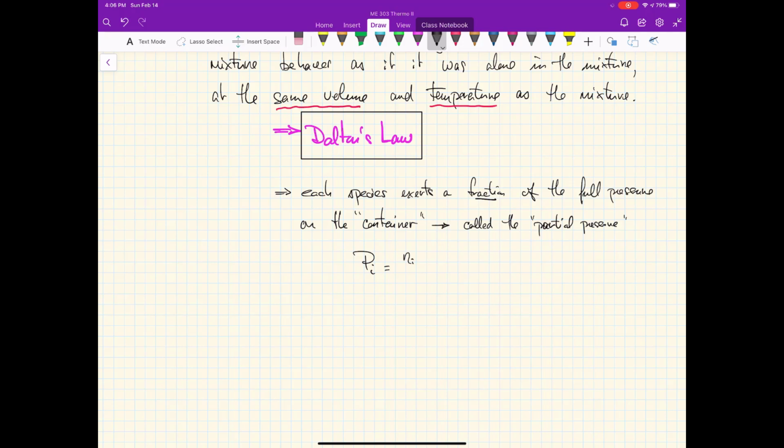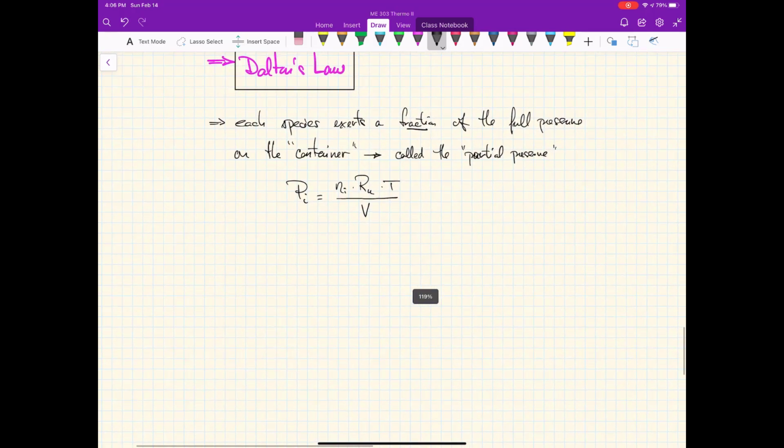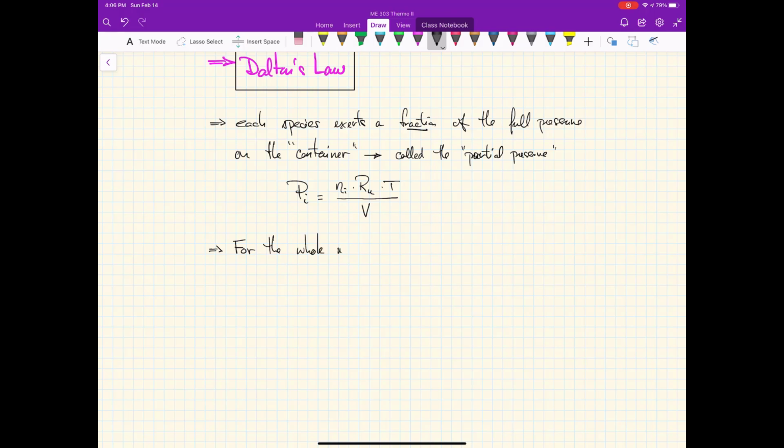Brackets here to really illustrate that we're talking about the surroundings in general. And that pressure due to each individual subcomponent of the mixture, the individual species ideal gas within the mixture, is what we call the partial pressure of that gas.